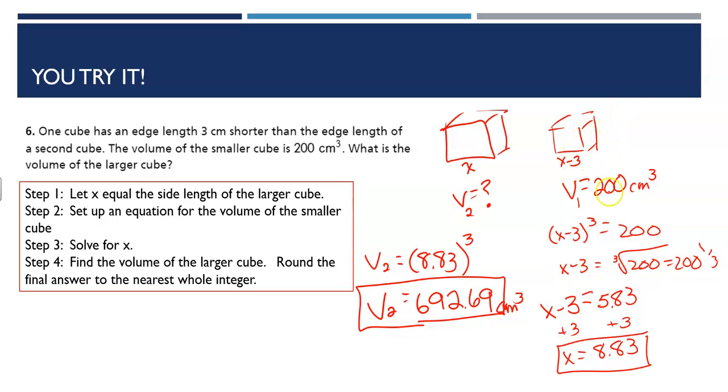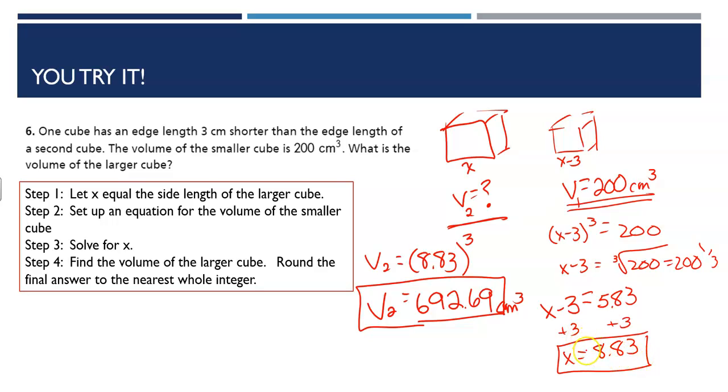I set up everything I knew. I wrote it down. What I wanted to know, I wrote here. Well, I know that the volume is x minus 3 multiplied by itself 3 times. So then I took the cube root of both sides, found that x minus 3 would be 5.83, and add 3 to both sides, and x is 8.83.